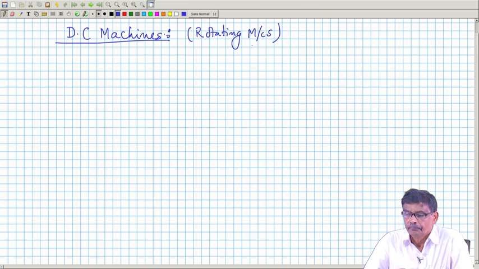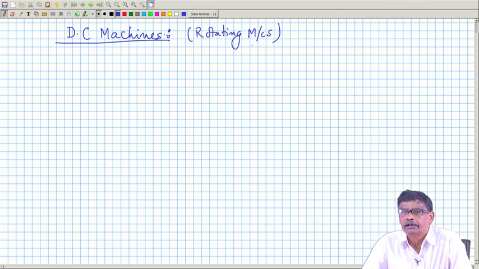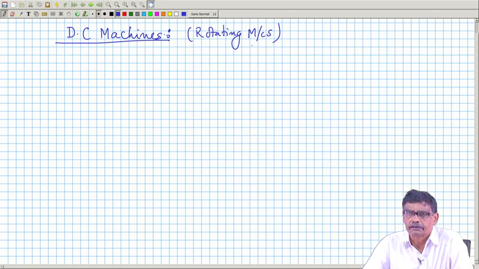For example, after Faraday's discovery in the 1830s or so, which says that voltage induced in a coil is N d phi by dt, if the coil is moved in a magnetic field which sinusoidally varies, then there will be an induced voltage which will also be alternating in nature.